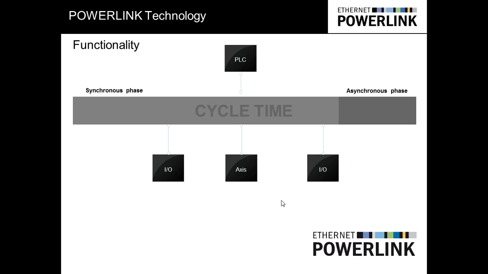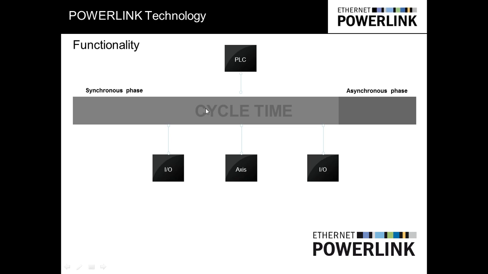So the cycle is split into two components. We have the synchronous phase and the asynchronous phase. During the synchronous phase, that is where all the I/O values are exchanged. So this is, let's call it, the real-time data. This is where I might have commands coming from the PLC going to a system.